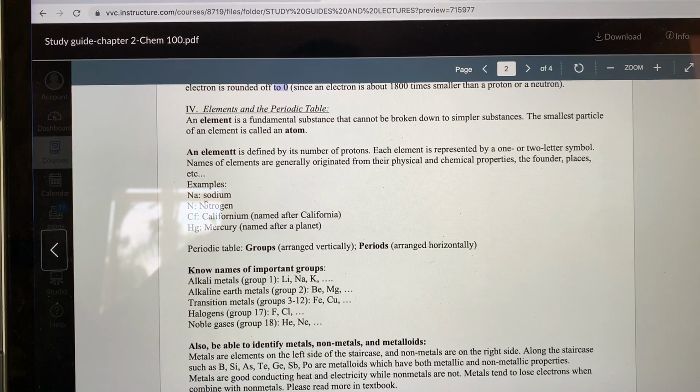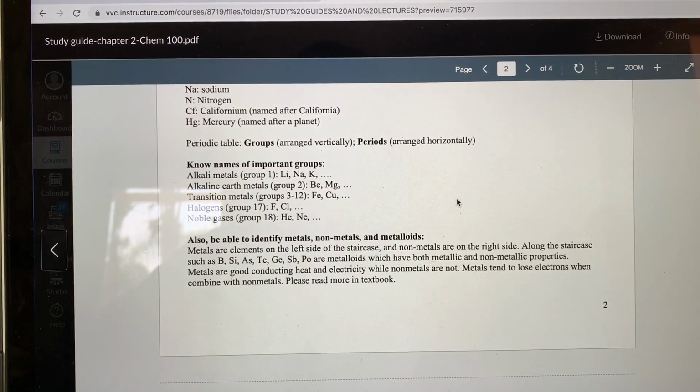Nitrogen is N. Instead of two letters, it's just one, because if you write Ni, that's another element, nickel. Californium is a really cool one because Cf is Californium. It was discovered in California and named after California. So if we're in California, we have an element named after our state, which is really awesome. Mercury is named after the planet Mercury, and so on and so forth.